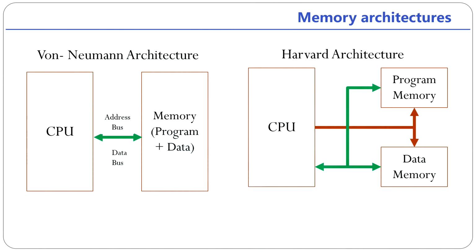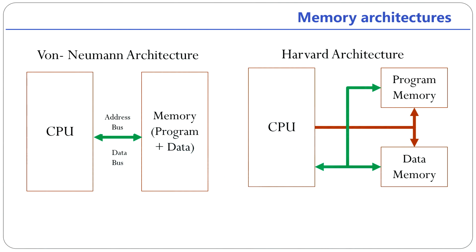Now we will see the memory architectures, von Neumann versus Harvard. You can see here in this slide. Let's quickly understand two important memory architectures used in microcontrollers and processors. First of all, the von Neumann architecture.